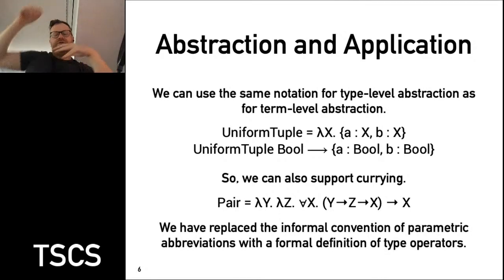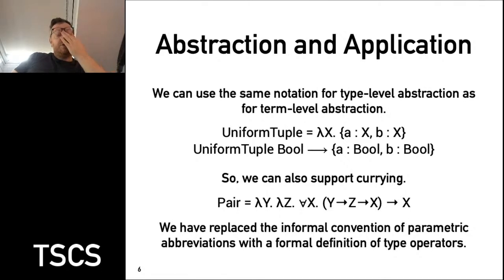The nice thing is, if we introduce it here, we can reuse the same notation on the type level that we used on the term level. Let's say we have something that we call a uniform tuple, something like a record tuple that consists of the same type, like bool, bool in this case.